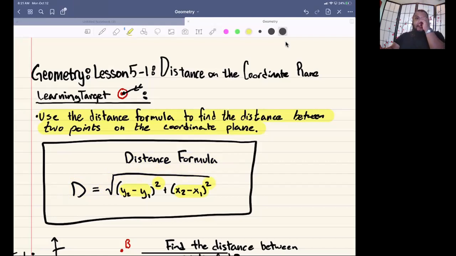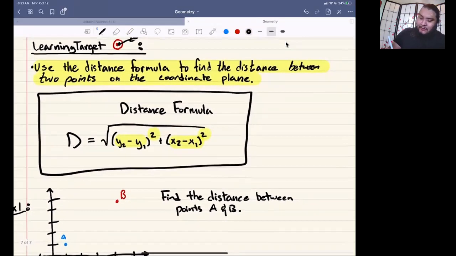Now, this looks like a lot of information to take down, but remember, this is the distance formula, where x1, y1 is the coordinate pair of point A, your first point, and then x2, y2 is the coordinate pair of the second point.